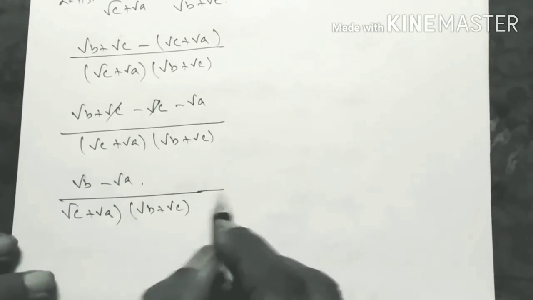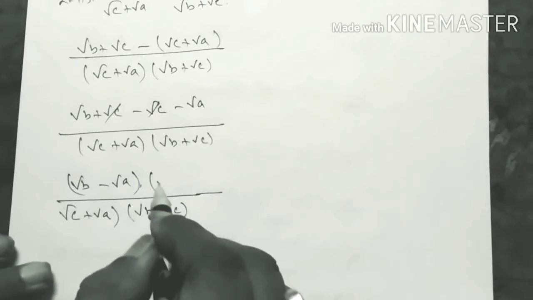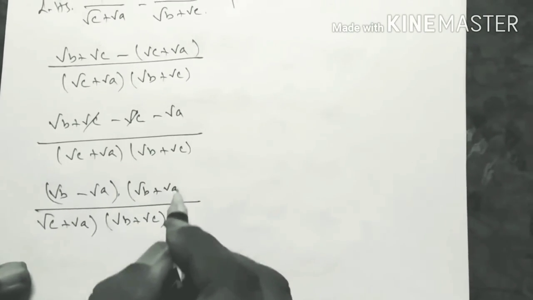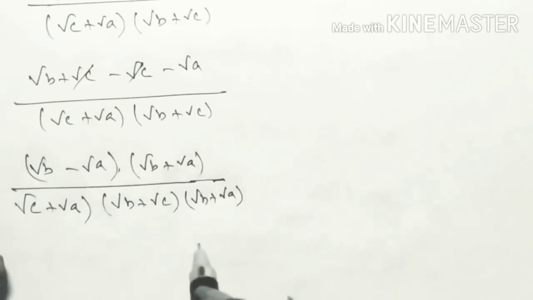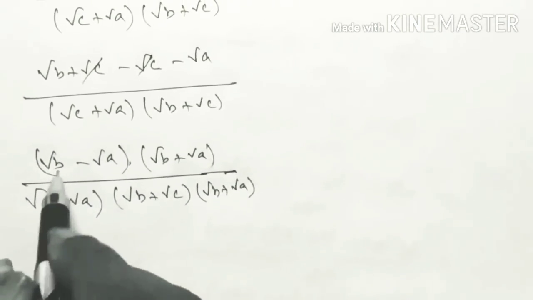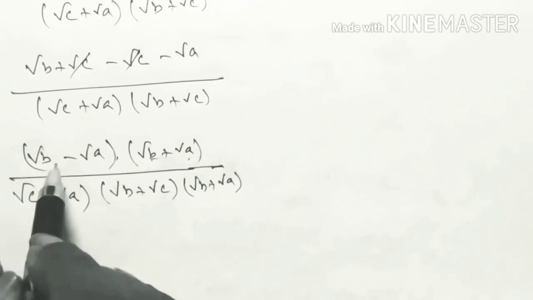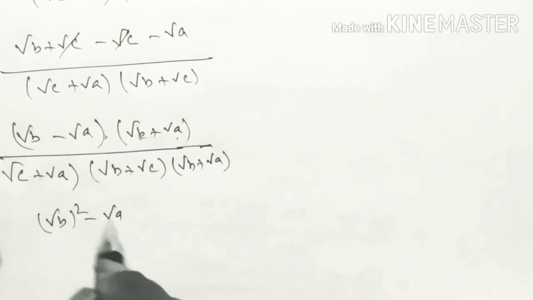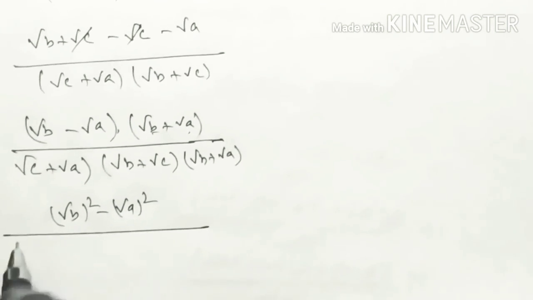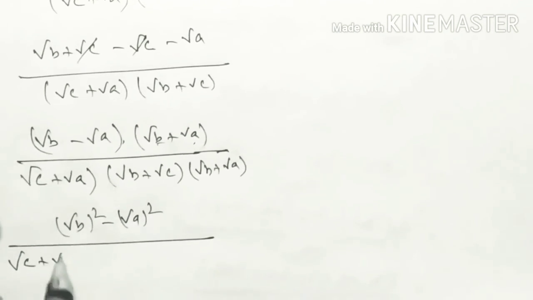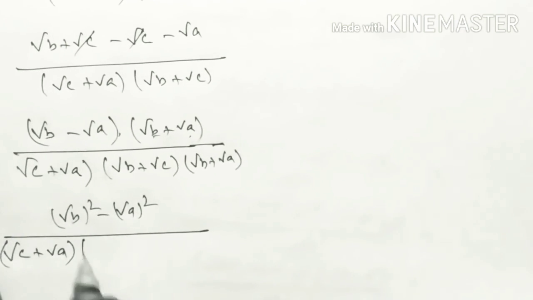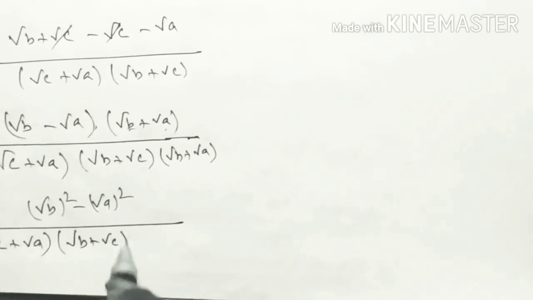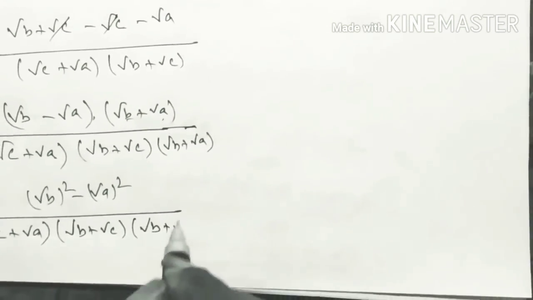I am going to make a slight arrangement, that is, multiply by root B plus root A, both numerator and denominator. The numerator is (root B plus root A) into (root B minus root A), which comes out to be root B the whole square minus root A the whole square, and your denominator is (root C plus root A)(root B plus root C)(root B plus root A).